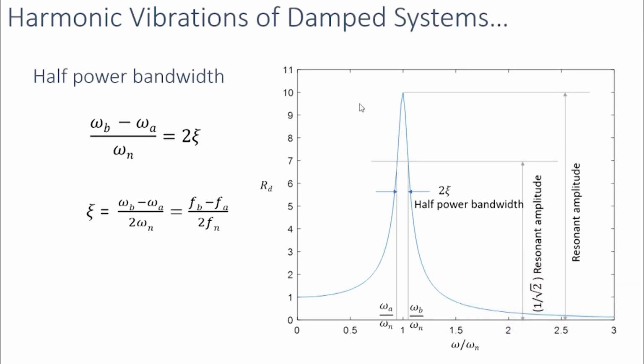Now we will understand a property of the frequency response curve called half power bandwidth. So this is the frequency response curve for the displacement. This is the displacement response factor Rd, and it is plotted against the frequency ratio.